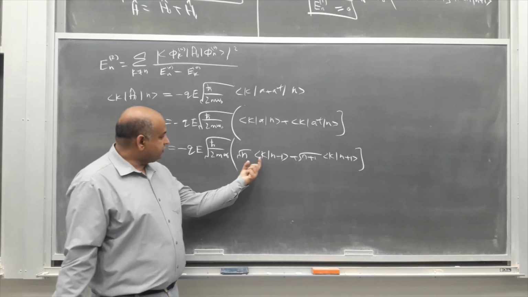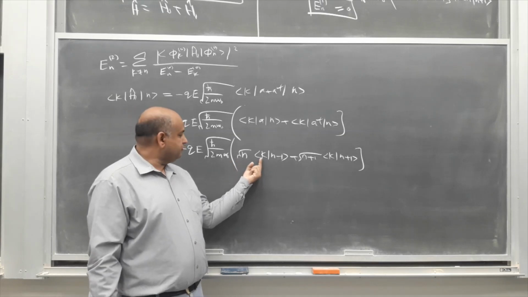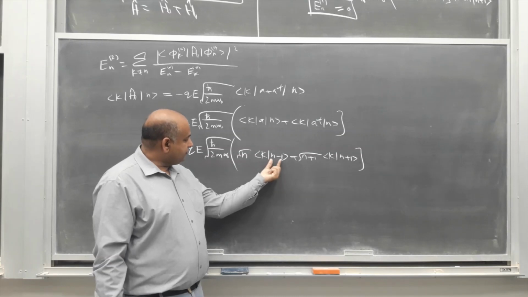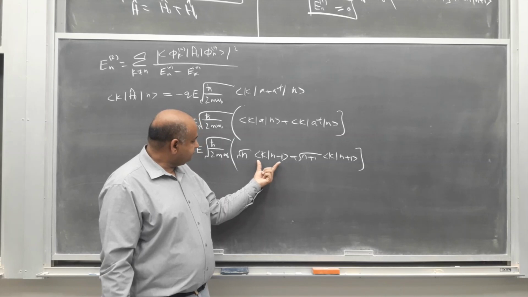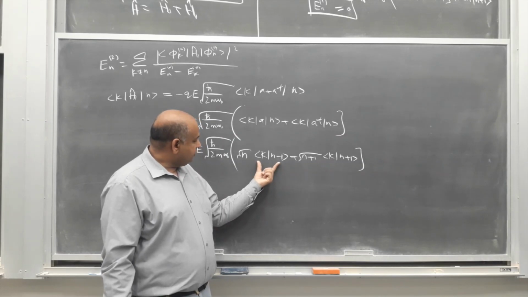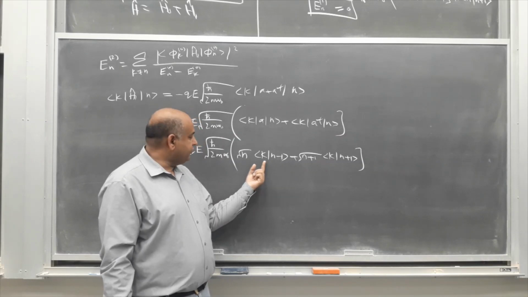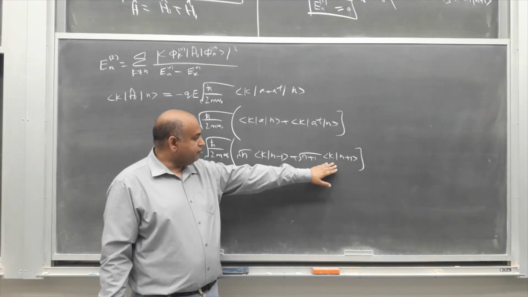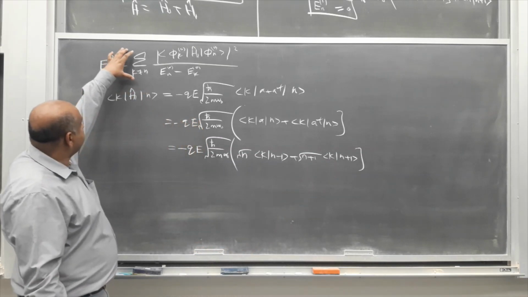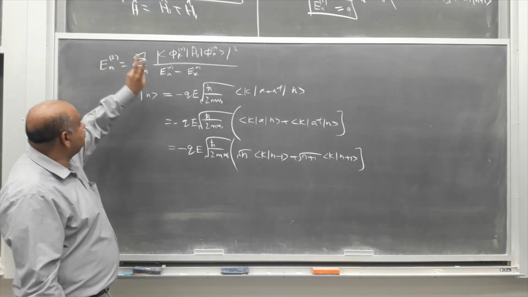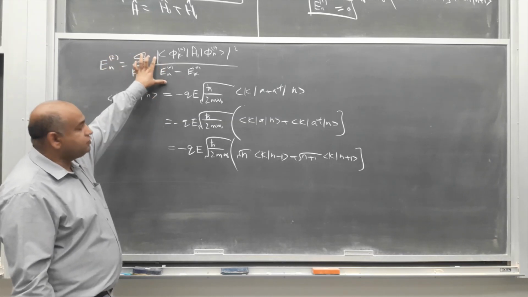However, k is going from 0, 1, 2, 3 up to infinity, and this is n minus 1 fixed, and this is n plus 1 fixed. So this is 0 everywhere except when k is equal to n minus 1, and this is 0 everywhere except when k is equal to n plus 1. So in all of this series, there are only two non-zero terms.